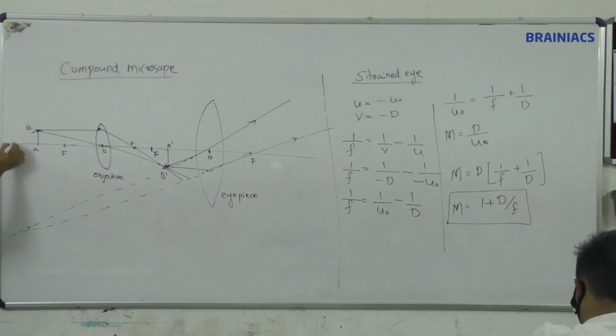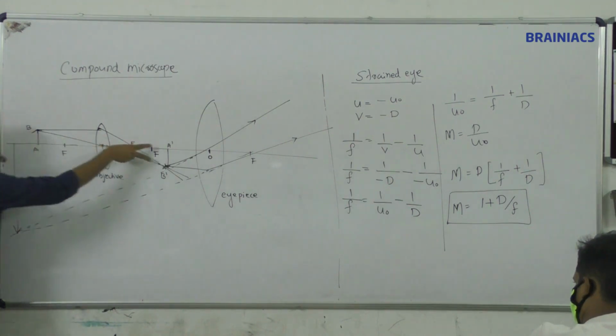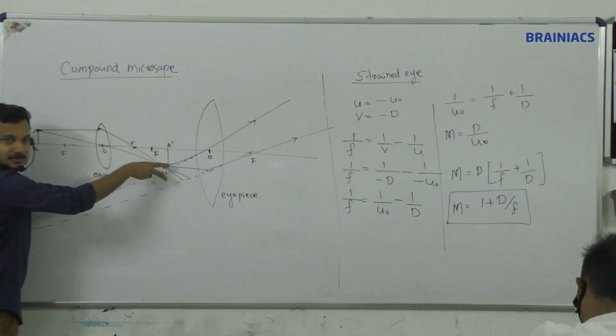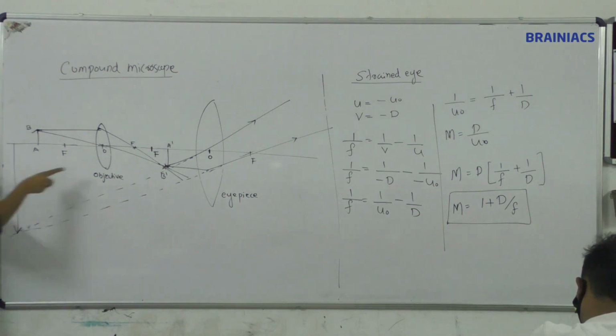So what type of image do you get? A virtual, enlarged image. With respect to the first object it is inverted, because it is already inverted here for the eyepiece.